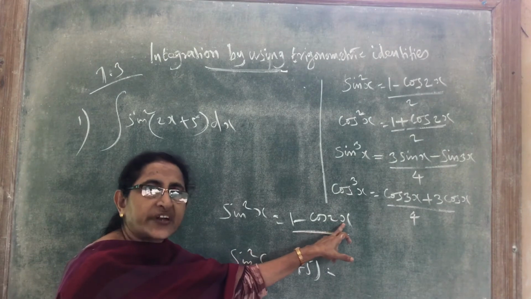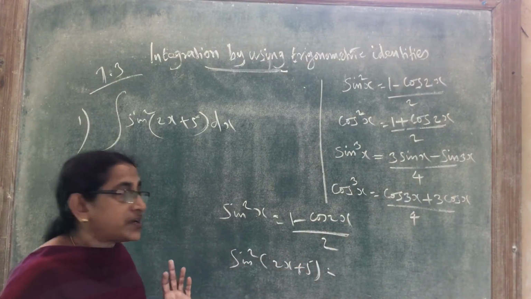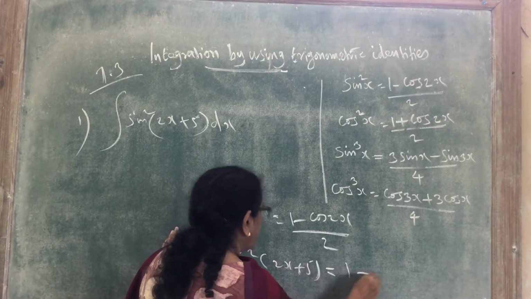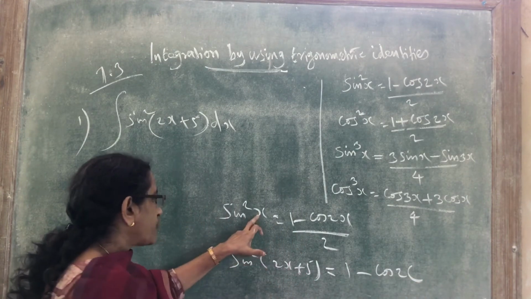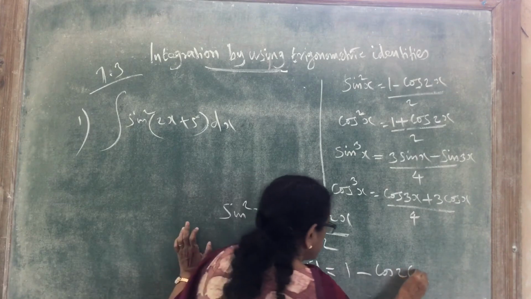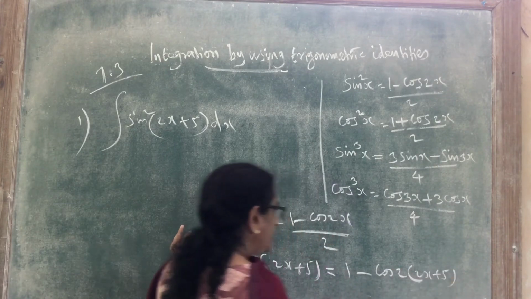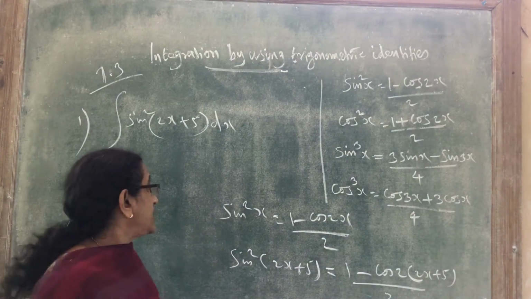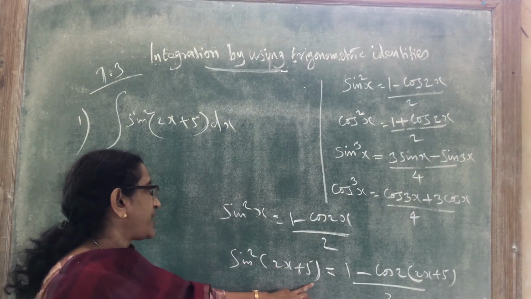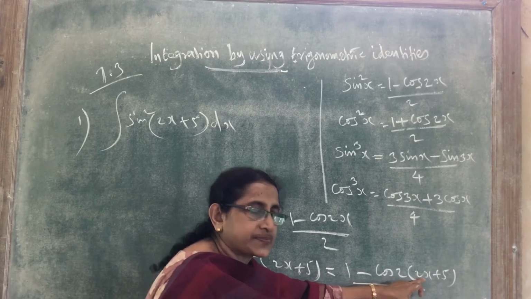So we get 1 minus cos 2 into, instead of x, 2x plus 5, whole divided by 2. Only x we have to change. In the place of x write 2x plus 5.